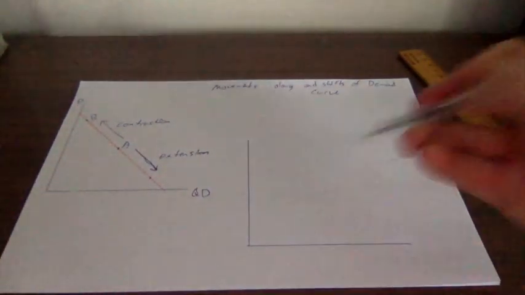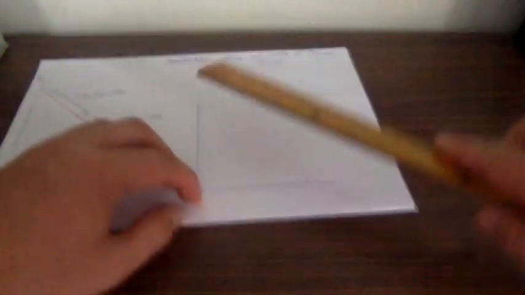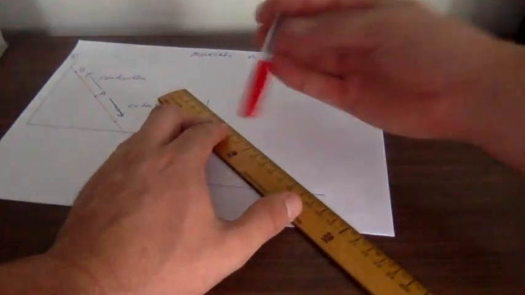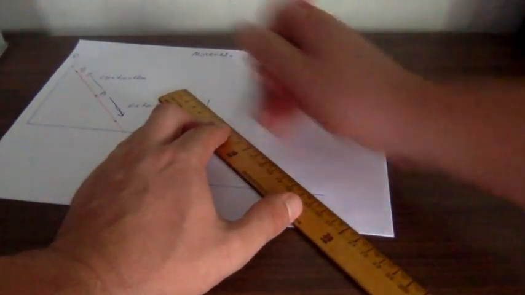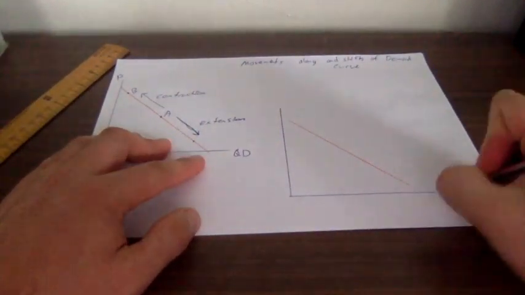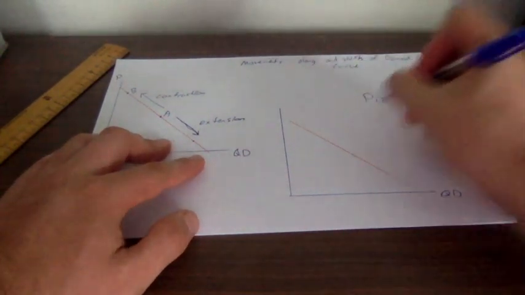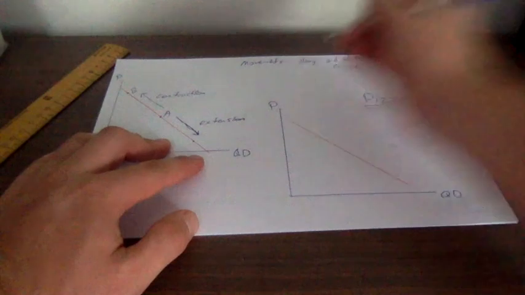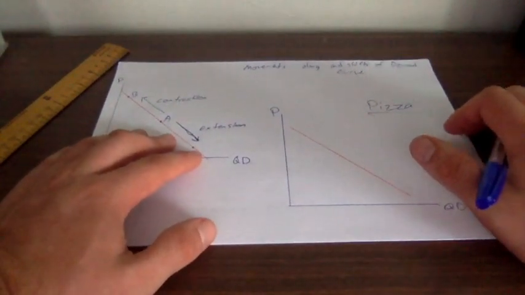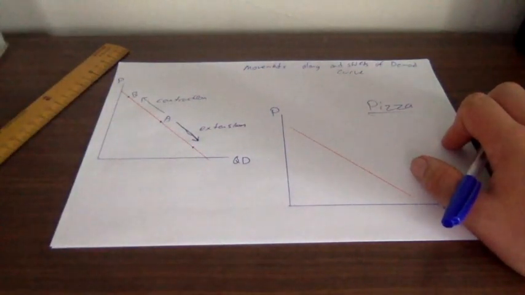All right, so with a shift, what can happen is that something external happens. If we use pizza as a reference, again we've got quantity demanded here and the price. Say, for example, there's a substitute good.